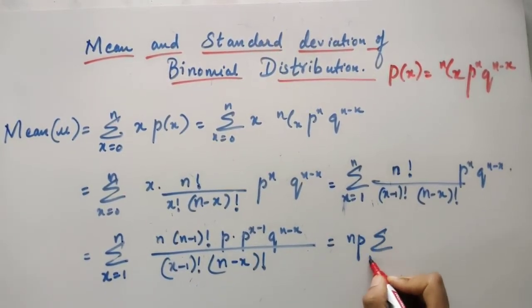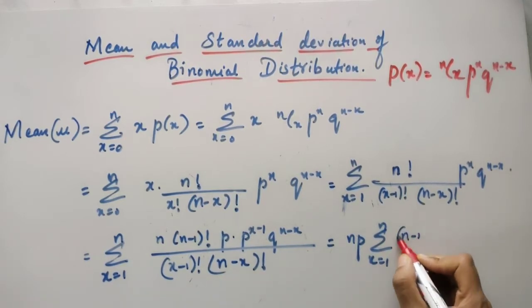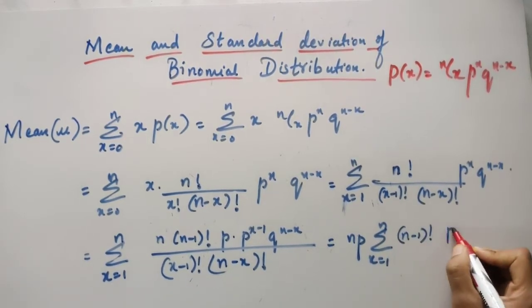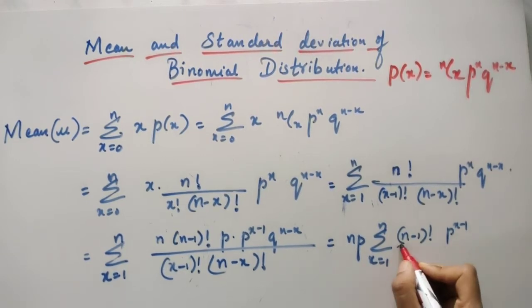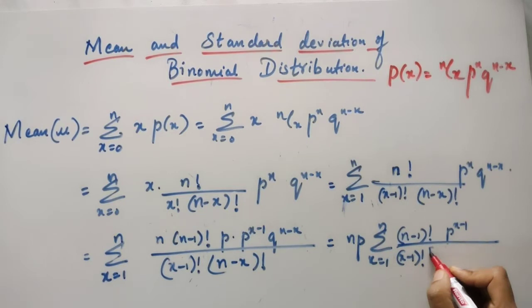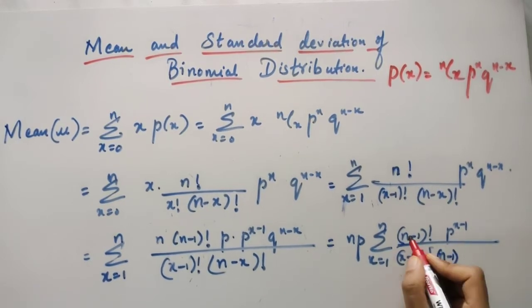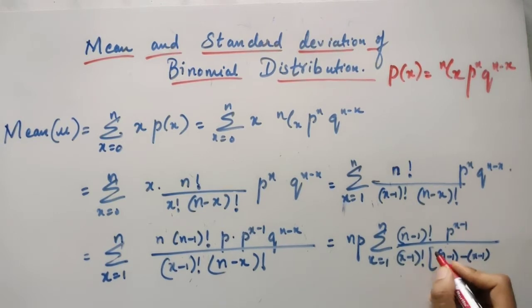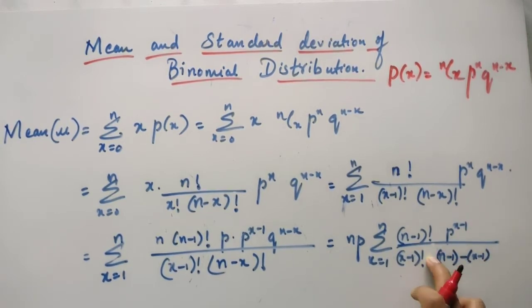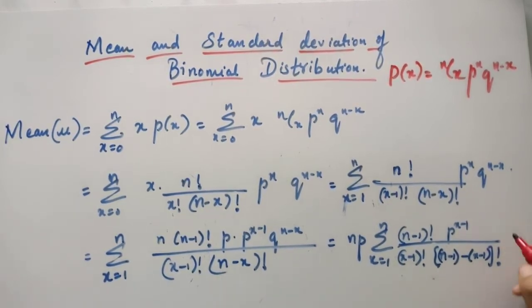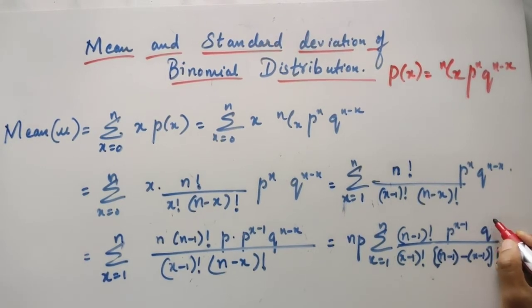Summation x going from 1 to n, n minus 1 factorial as it is, p raised to x minus 1 as it is. In the denominator I'll write x minus 1 factorial, and then n minus 1 minus x minus 1, because it is n minus 1 in the numerator, which we can do by adding 1 and subtracting 1. Take it in a bracket, its factorial we are considering, and whatever I did with n minus x in the denominator, I'll do the same thing for the new power of q.